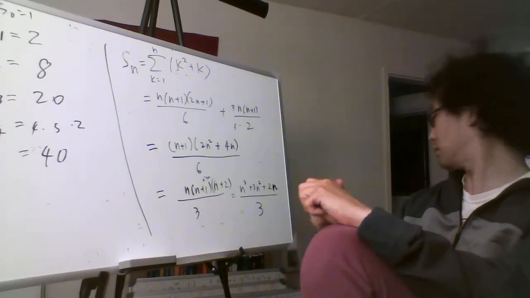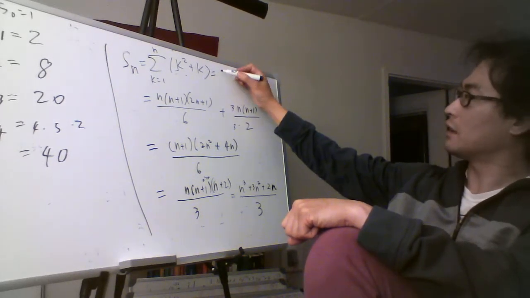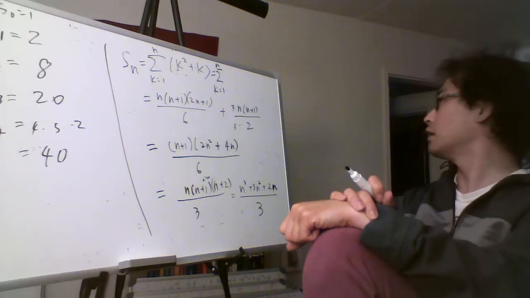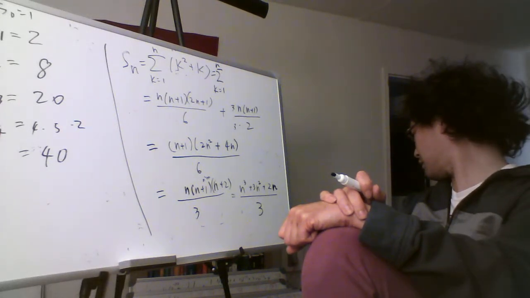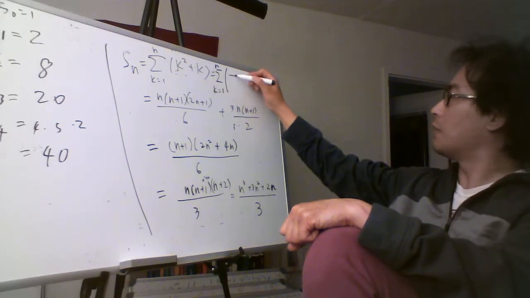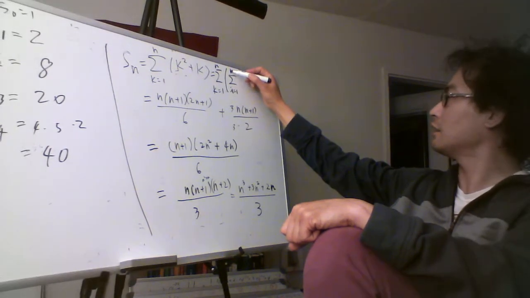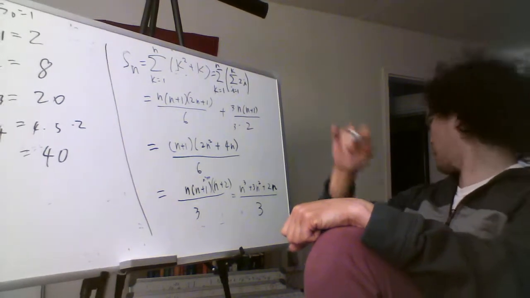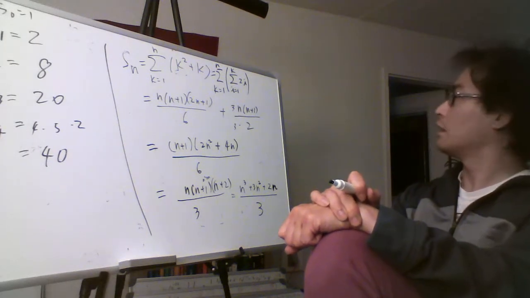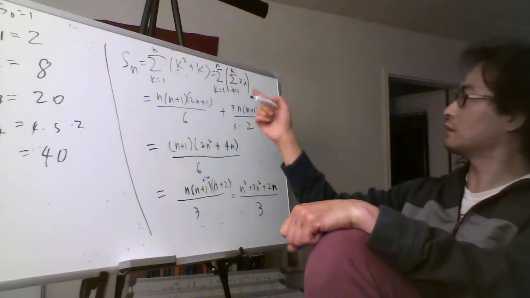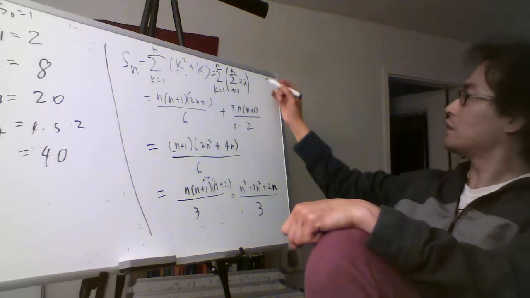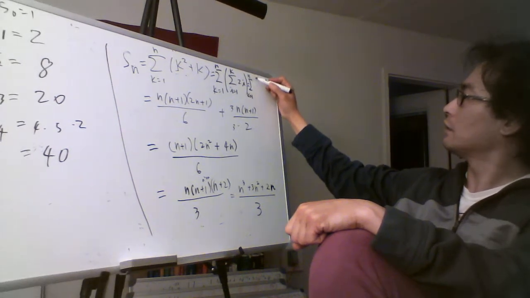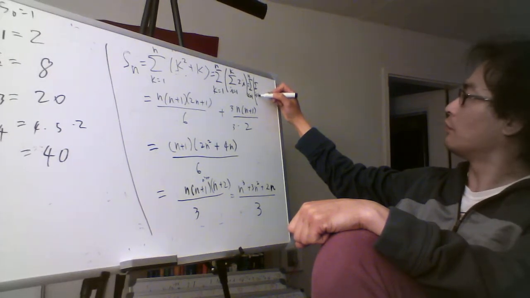What do I mean? It's this. This can be expressed as sigma k from 1 to n of k squared plus k, which is like sigma i from 1 to k of 2i. So k squared plus k equals sigma k from 1 to n, sigma i from 1 to k.